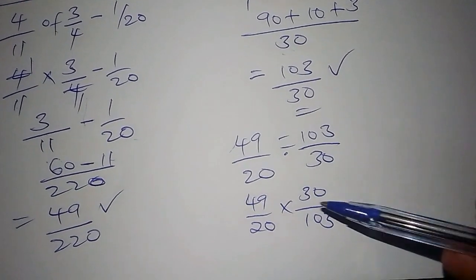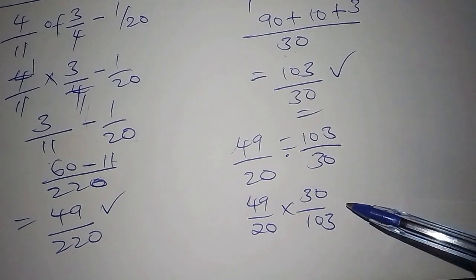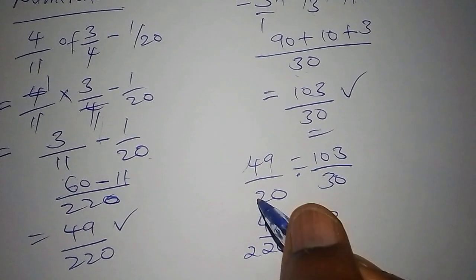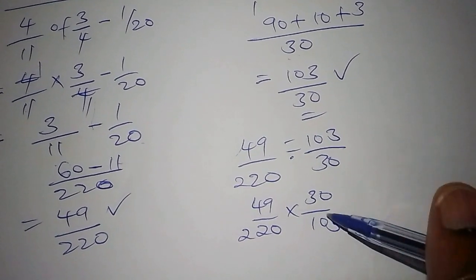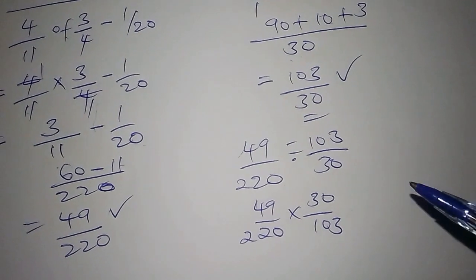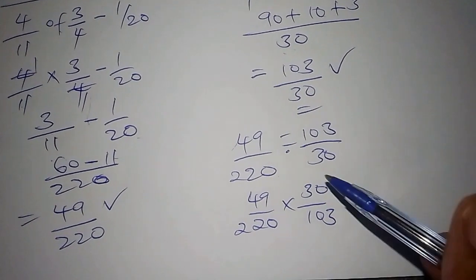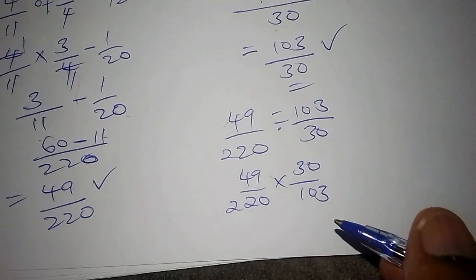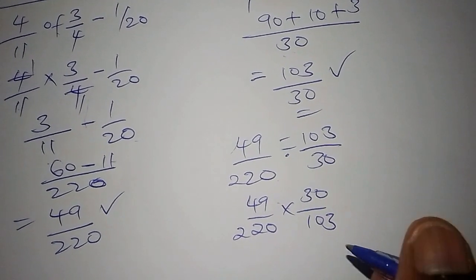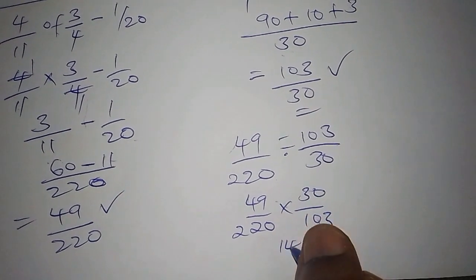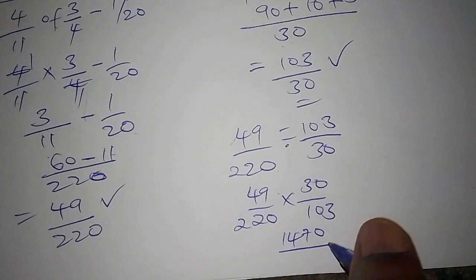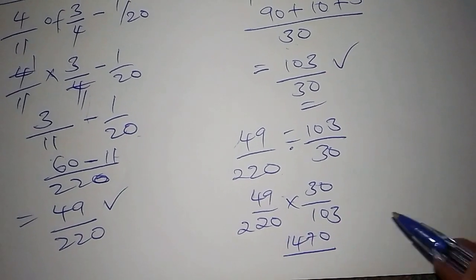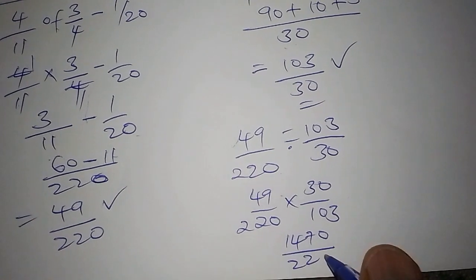As you can see where we have reached, there is no number that can go into 49 and 103. Sorry, it is 49 out of 220. So up to where we have reached, there is no number that can cancel all this. So we are going to multiply directly, 49 times 30, and we have our answer as 1470, divided by 220 multiplied by 103, and the answer is 22,660.